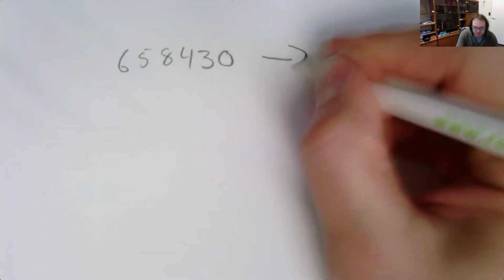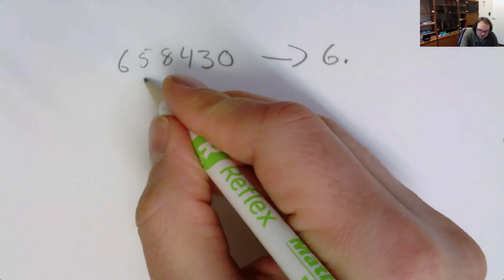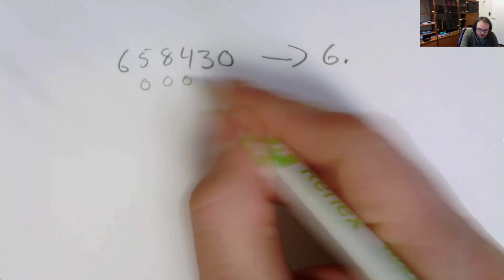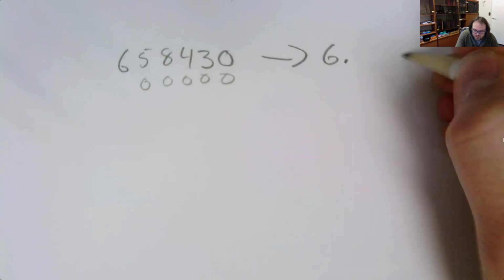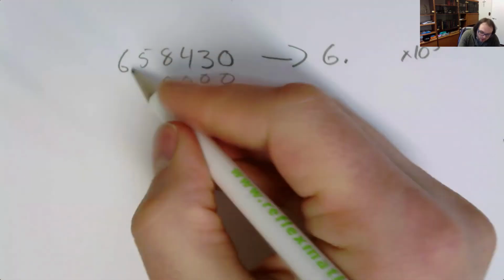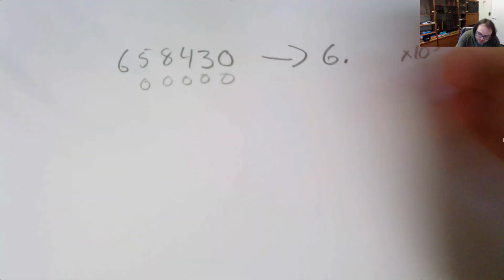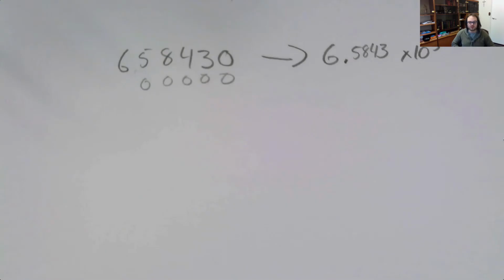So if I want to put this in scientific notation, I want a 6 and then a decimal. Well, how many zeros should I have here? 1, 2, 3, 4, 5. So this is going to be times 10 to the 5. Now I look at this, my decimal's there, so I just put 5, 8, 4, 3. And that is all it is for scientific notation.